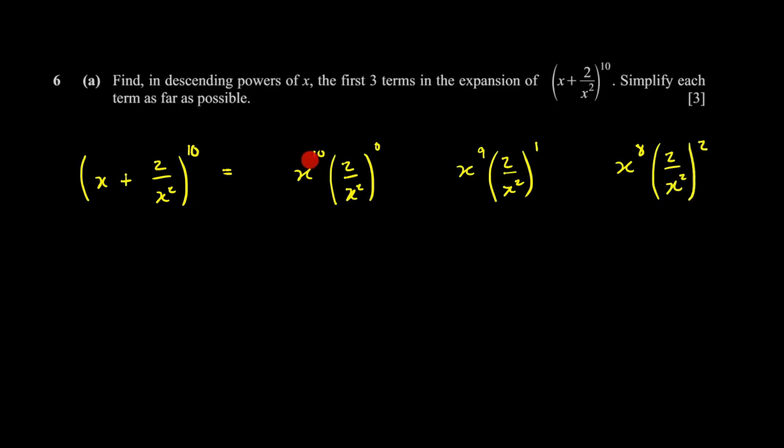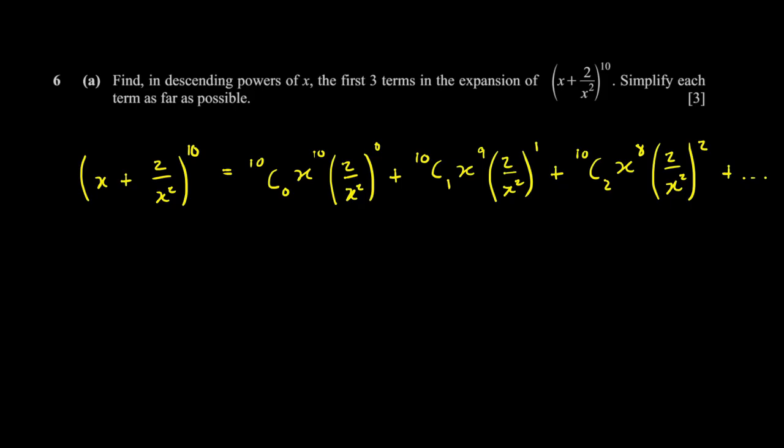And what should you notice? That these powers always add up to 10. So 10 plus 0 is 10, 9 plus 1 is 10, 8 plus 2 is 10. Then what's the last thing that we've got? Well, we've got to have the coefficients. So the coefficients will be 10c0, 10c1, 10c2, and so on and so forth. Okay, and then plus dot, dot, dot, because it carries on.